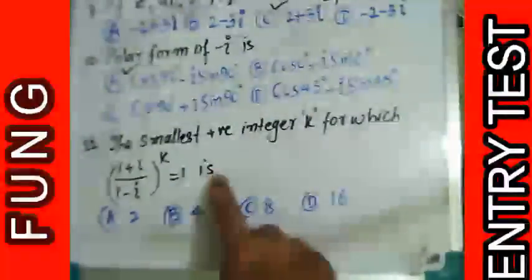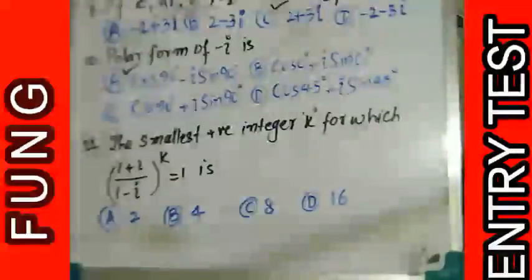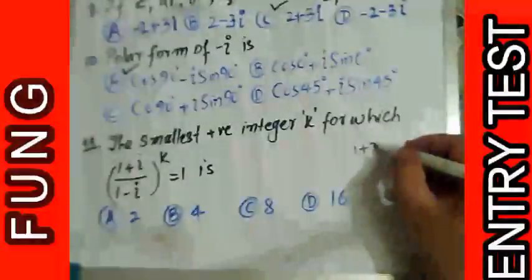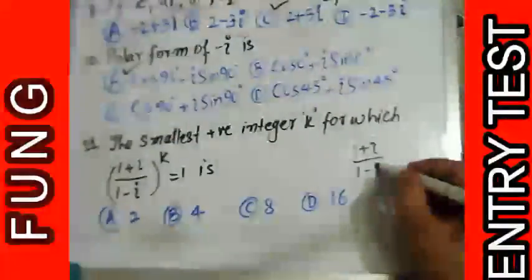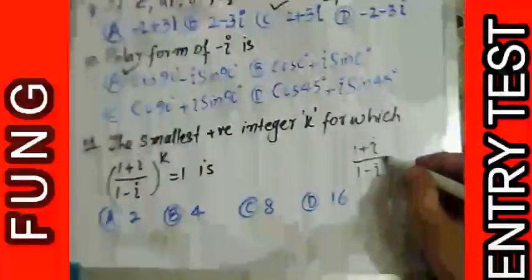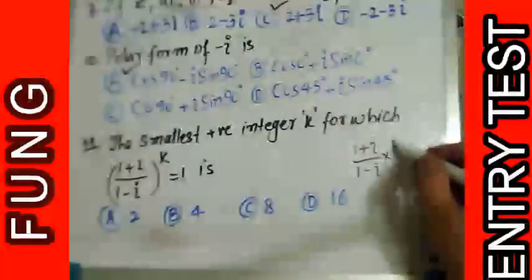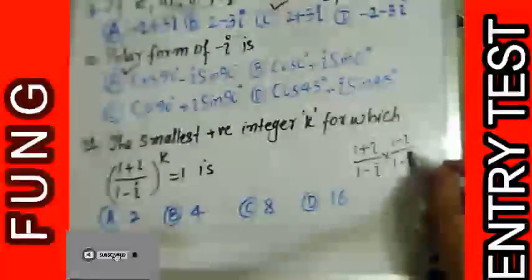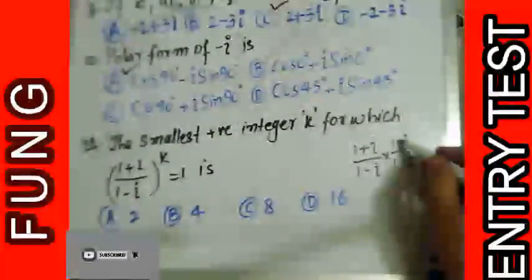Dear student, the next question is the smallest positive integer k for which (1 plus iota divided by 1 minus iota) whole power k is equal to 1. We will have to solve 1 plus iota divided by 1 minus iota. What is it finally equal to? This is important. We can multiply and divide by the conjugate of this number, 1 plus iota.